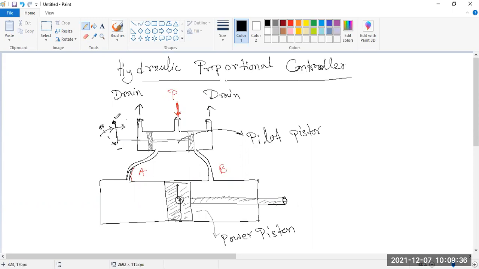Now this is your original position. In this position, you can see A is connected with this P and B is connected with only drain.